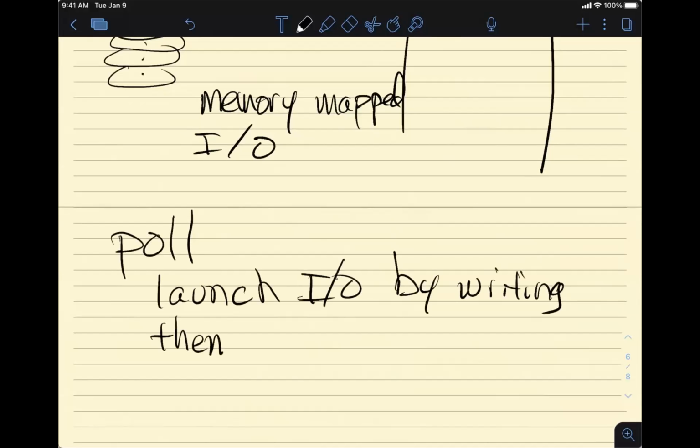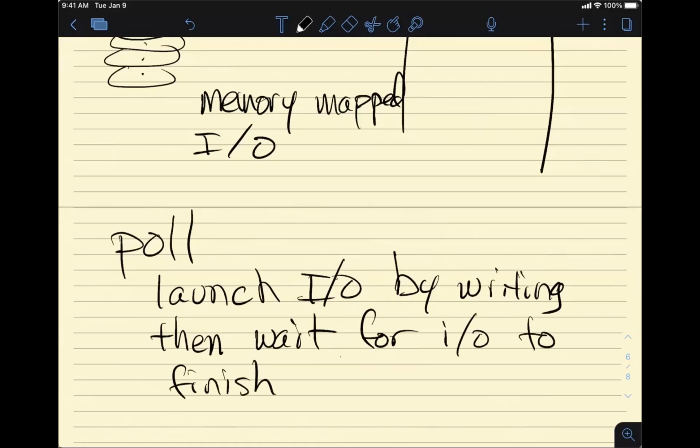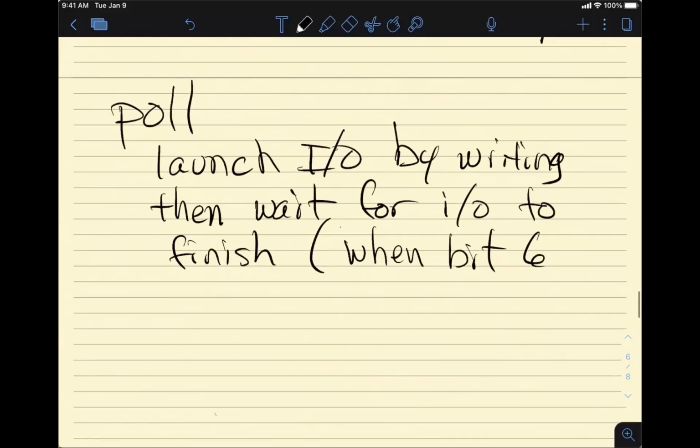We haven't talked about interrupts. Then you have to wait for the I/O to finish, and that is when, I'm making this up, bit 6 becomes a 1.